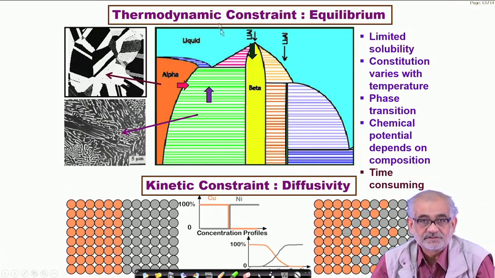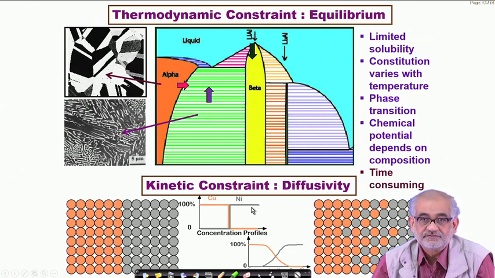In simpler words, thermodynamic restrictions impose certain compositional restrictions which cannot be overcome in equilibrium processing routes. And if you want to go beyond these equilibrium limits of solubility, then you resort to the so-called non-equilibrium processing, some of which we saw just now.